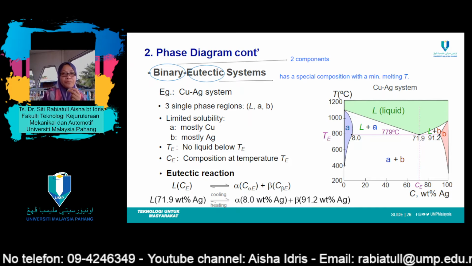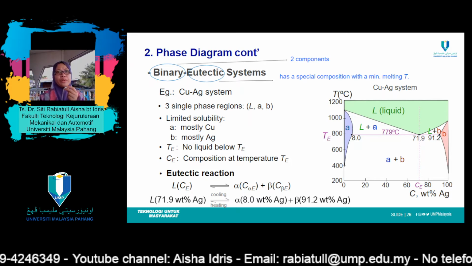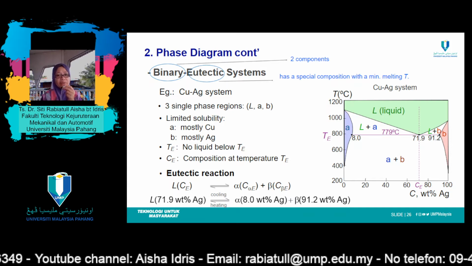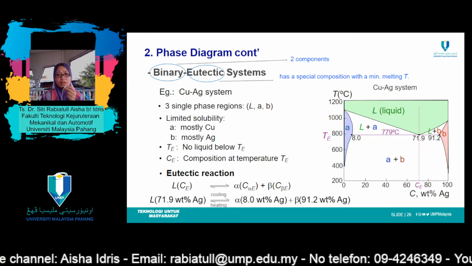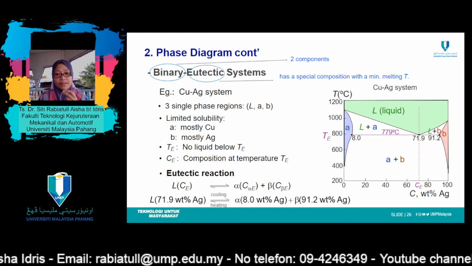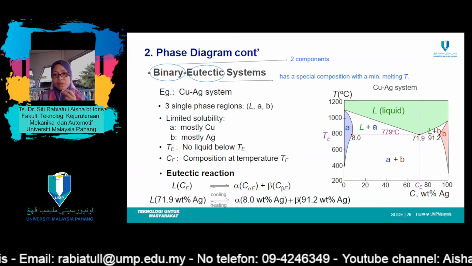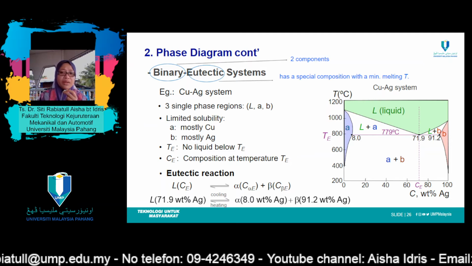A phase diagram consisting of two components is known as a binary system. And if the diagram shows a binary eutectic system, it means that these two components have a special composition with a minimum melting temperature.